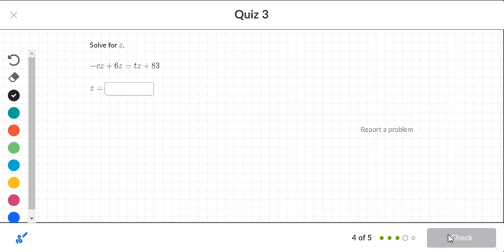Okay, next one. What we want to do is solve for Z. So we want to solve for the letter Z here. So let me put that in. Negative C followed by the letter Z plus 6Z is equal to T followed by Z plus 83.